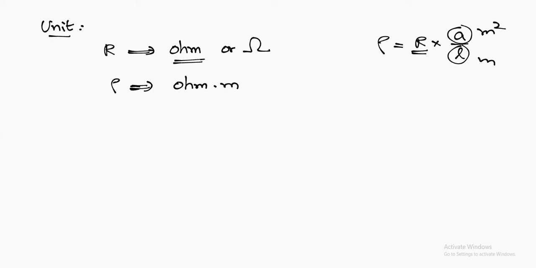So what is specific resistance? Very simple. If you take a solution, and the distance between the two electrodes is 1 unit length and the area of cross section is 1 square unit, then the solution present between the two electrodes will offer some resistance.